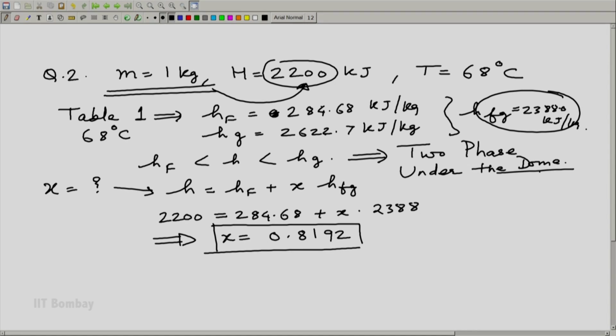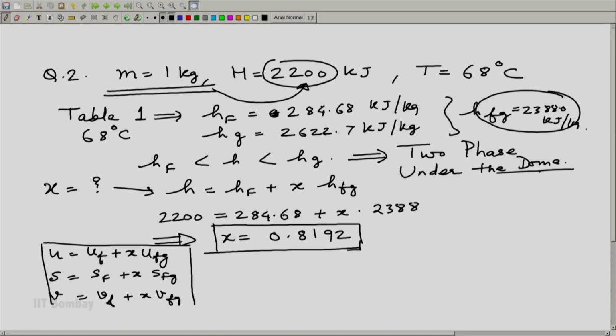Once we get the value of x, we can get all the properties, and that is not a problem at all. So I can now get u is equal to uf plus x time ufg as we have done earlier, s is equal to sf plus x time sfg, and v is equal to vf plus x time vfg.